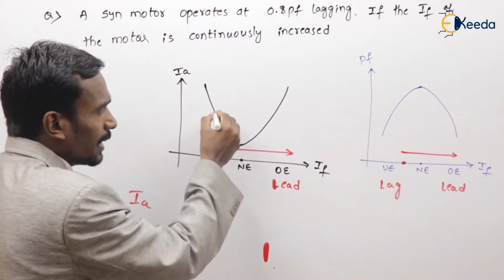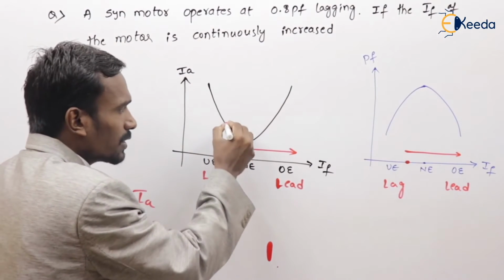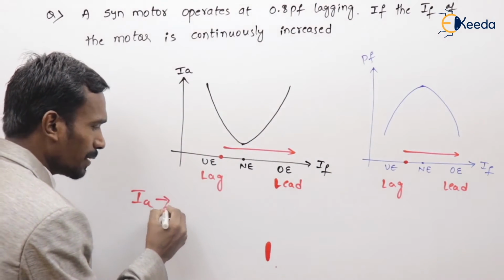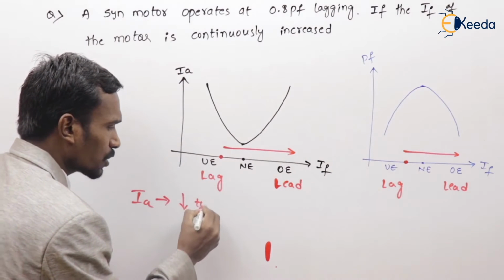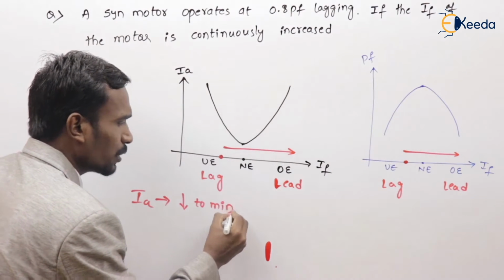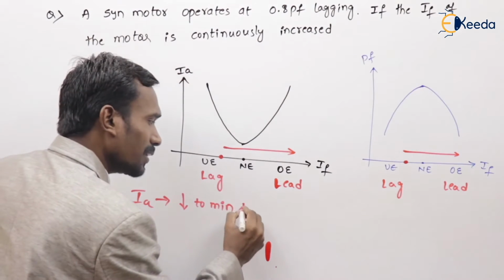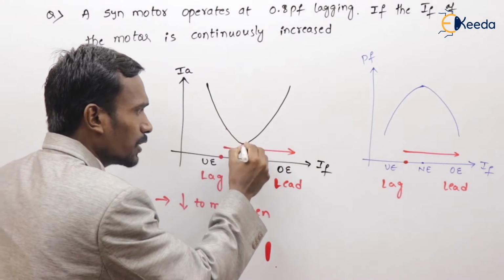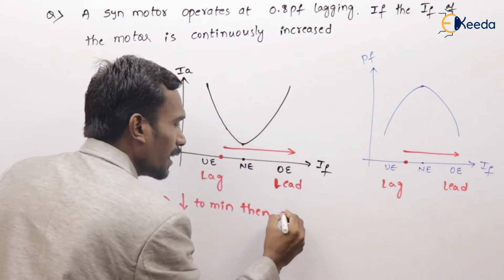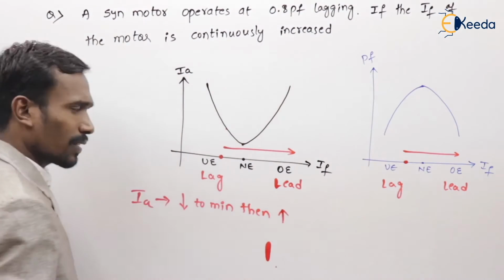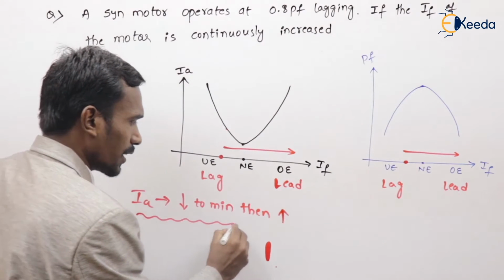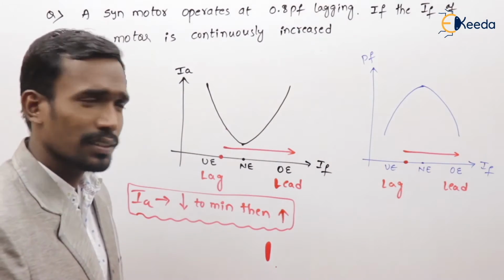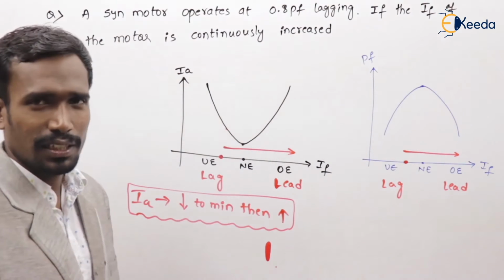The armature current first reduces to minimum, then increases. This is the answer for armature current.